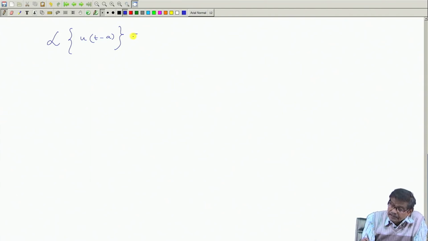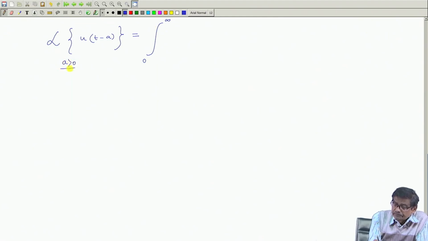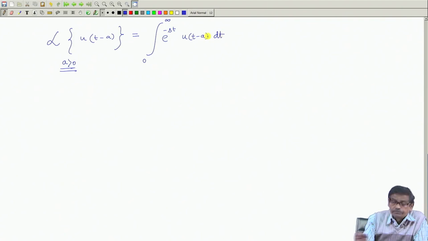This time this will be equal to, as we know, this integral from 0 to infinity, and suppose a is greater than 0, e to the power minus s t into u(t minus a) into d t. This is what I have to do.